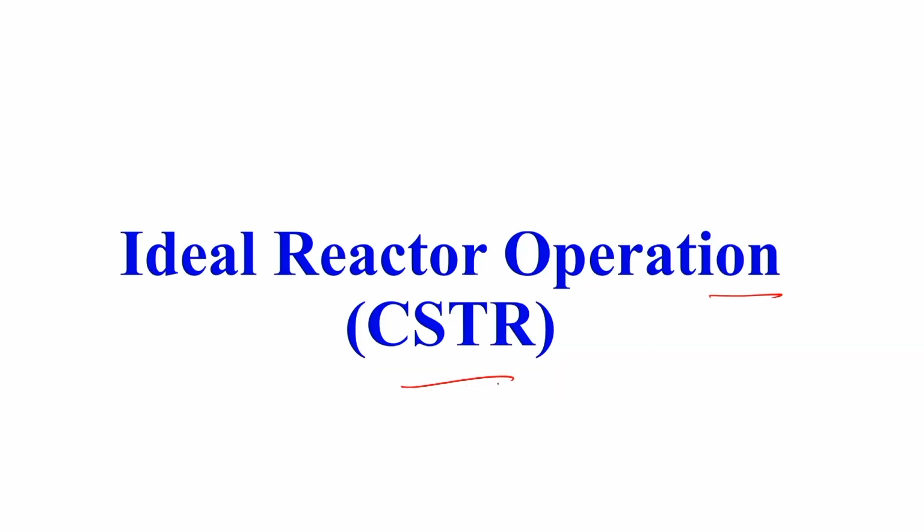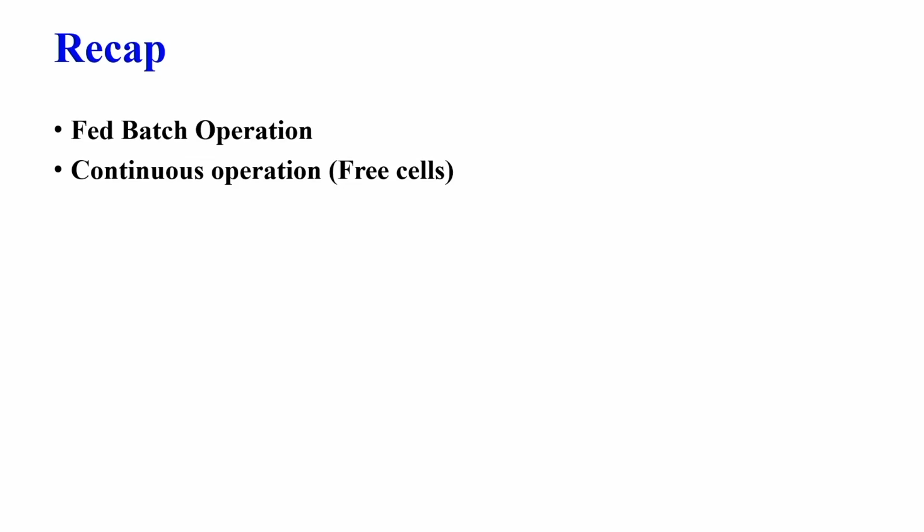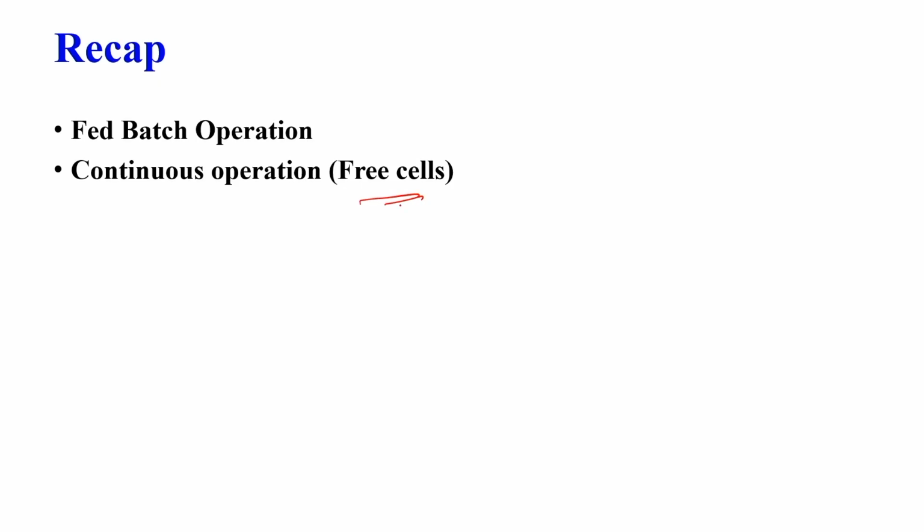So, hello everyone. Today we will start the ideal reactor operation, particularly focusing only on continuous culture. If you remember, in the last lecture we discussed the fed batch operation, where intermittent feeding is done without any outlet, and we discussed continuous operation with free cells.